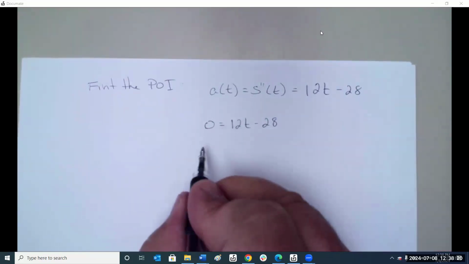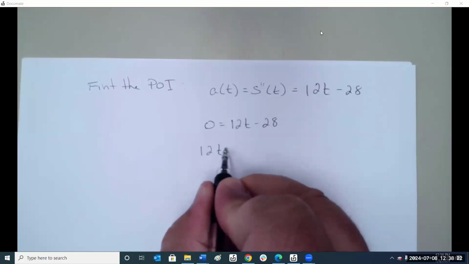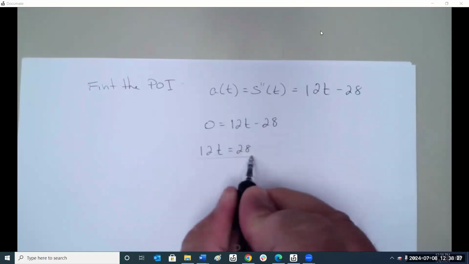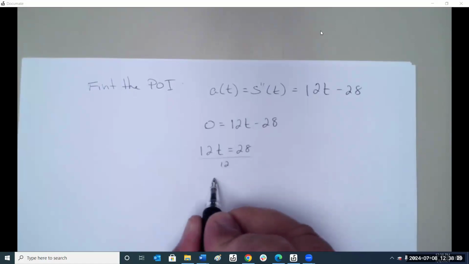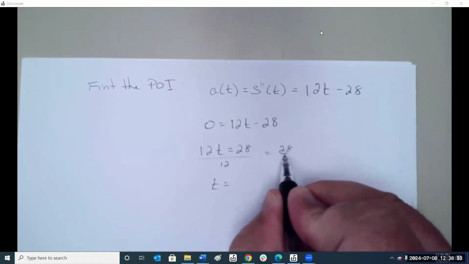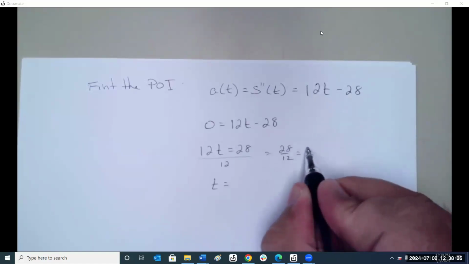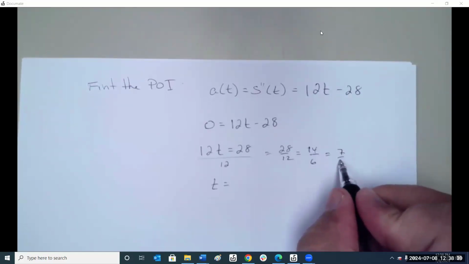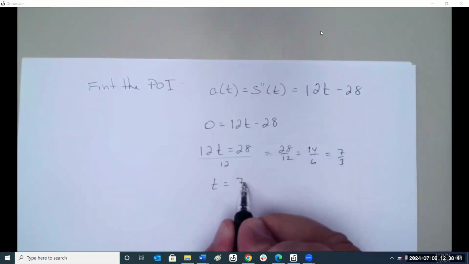Set that equal to 0 and solve for t. So t is 28 over 12, 14 over 6, 7 over 3.